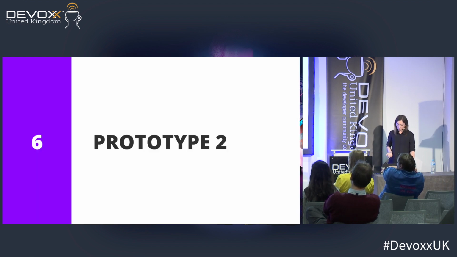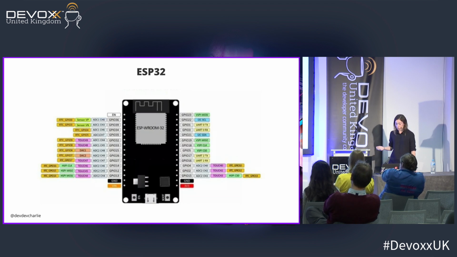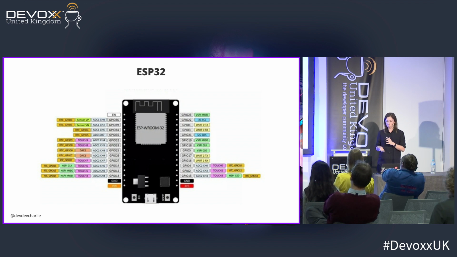So then I moved on to my second prototype that I did bring with me. My main change is that I changed the board. I changed from an Arduino to an ESP32, which is Arduino compatible, so you can still run Arduino sketches. But it was better. It fixed my problems because it has Bluetooth, so you can communicate via Bluetooth.